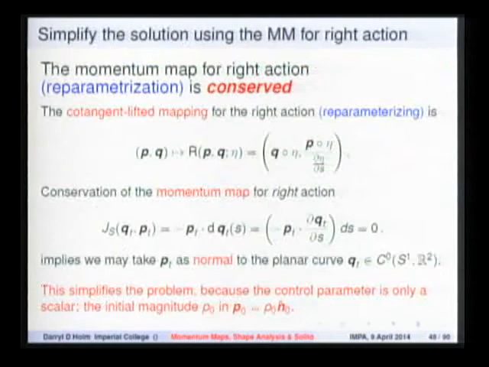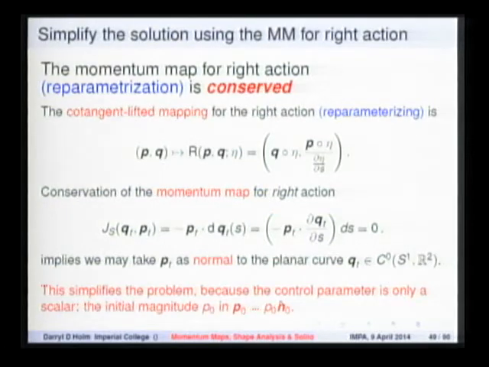Okay. So it turns out the momentum map for right action is very useful. It simplifies the solution. Everything is invariant under it, right? So it's conserved. Here's the cotangent lifted mapping. Here's the momentum map. It's minus P dq, defined on the curve. P's and Q's are these Lagrangian variables on the curve.